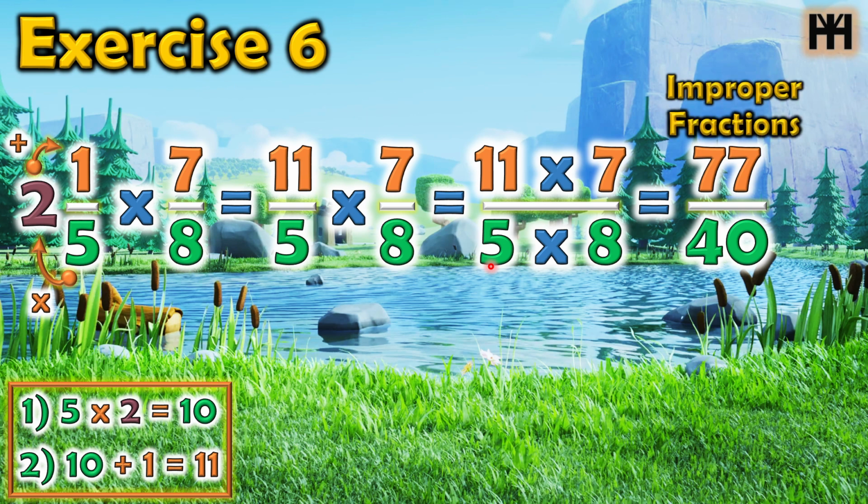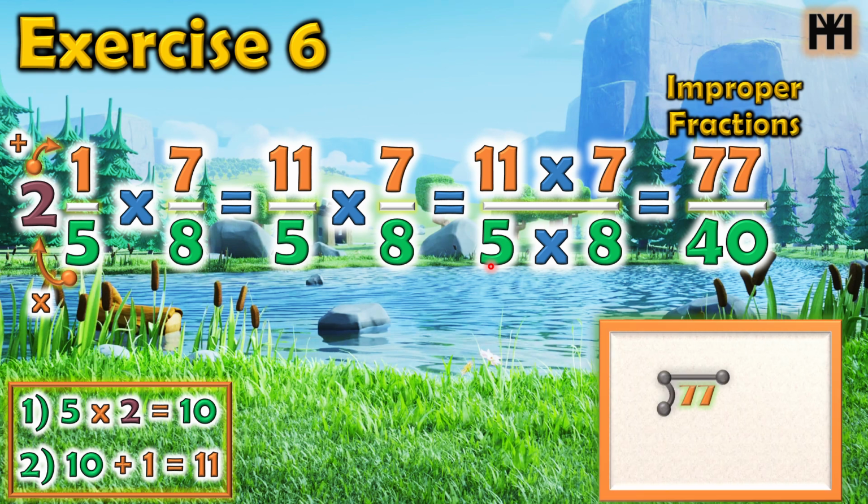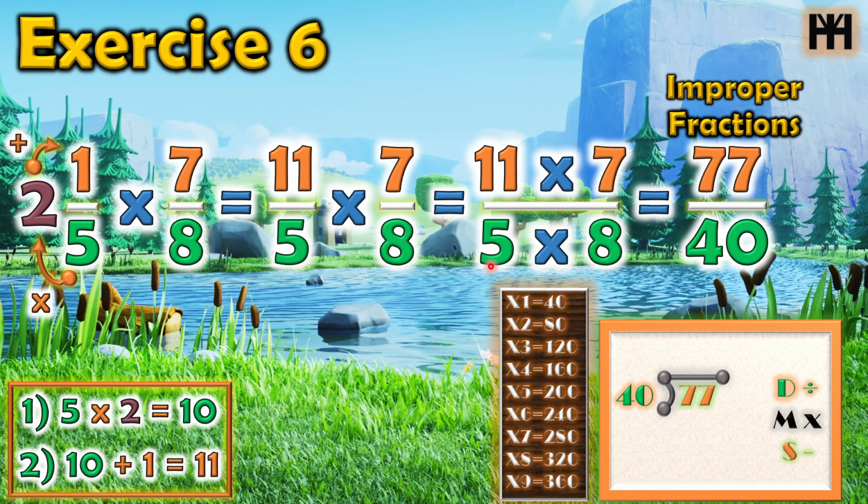Okay, this is an improper fraction as 77 is greater than 40. So let's simplify. So we have 77 divided by 40. We don't need the table of 40 because 40 is just table 4 with a 0 added at the end. So 7 divided by 40, can it be?